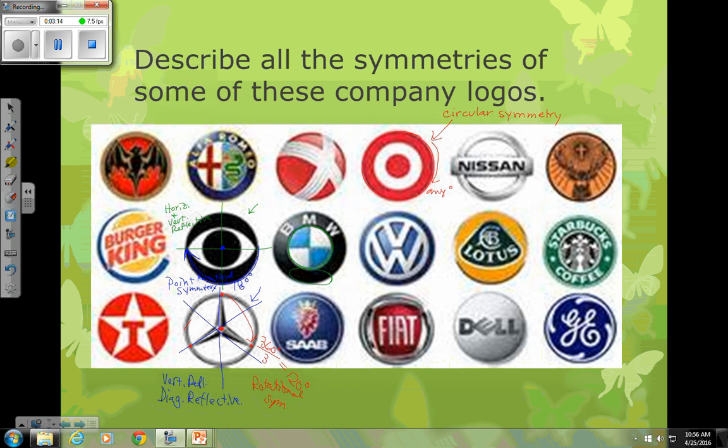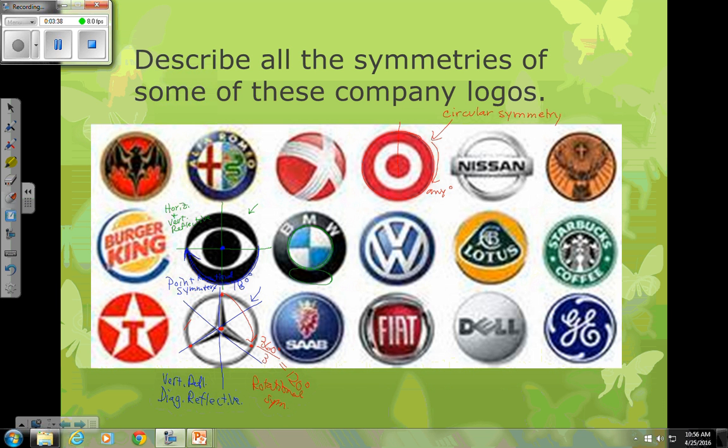It does not have point symmetry. It does not have the others because it has circular symmetry. So it doesn't have the other types of rotational symmetry if it has circular symmetry. We always defined the rotational symmetry by the smallest degree that you can turn an object or rotate an object to match itself.